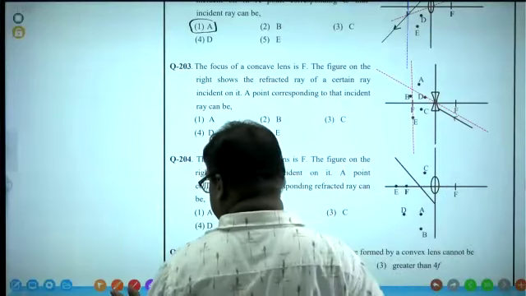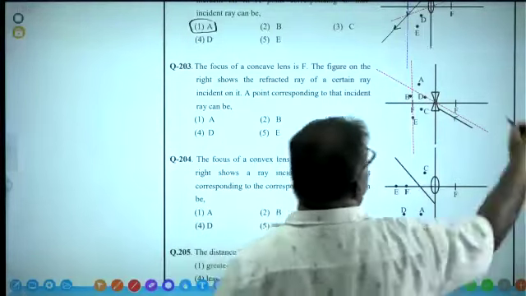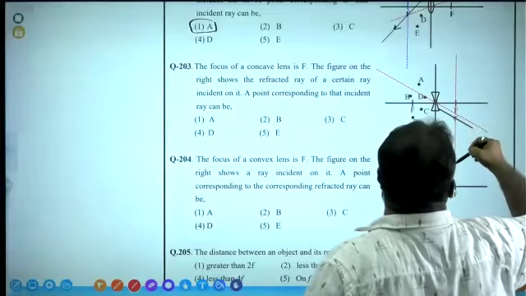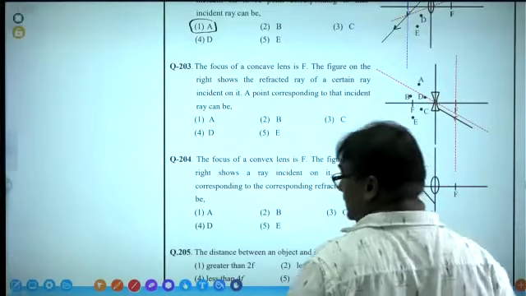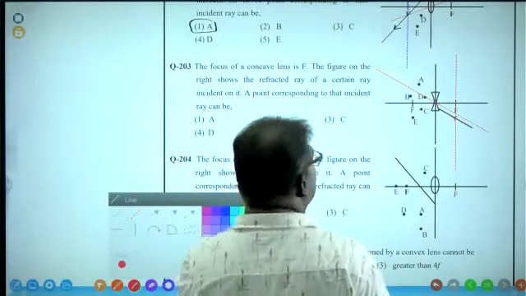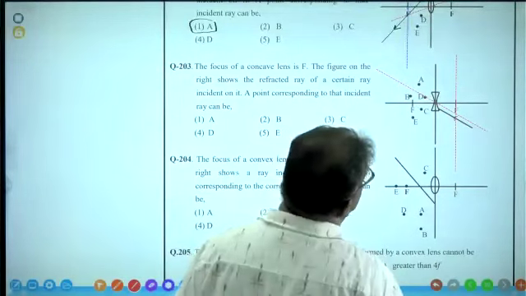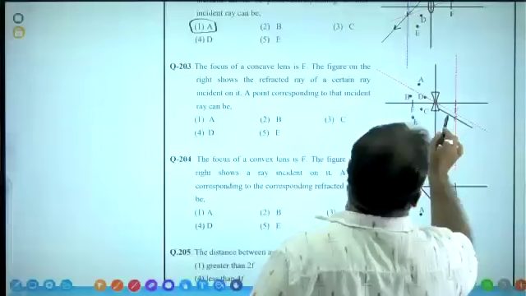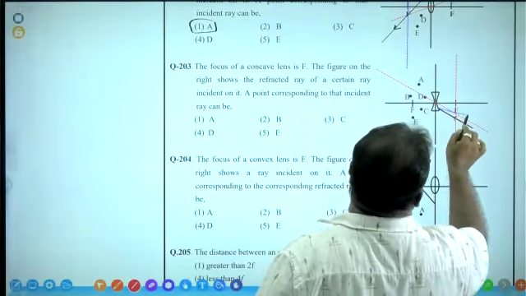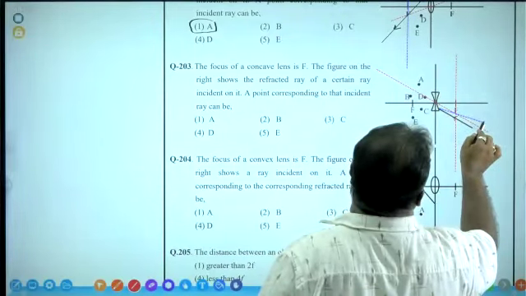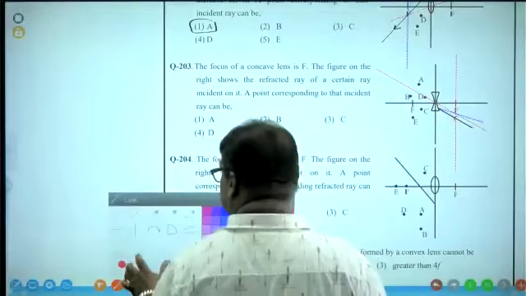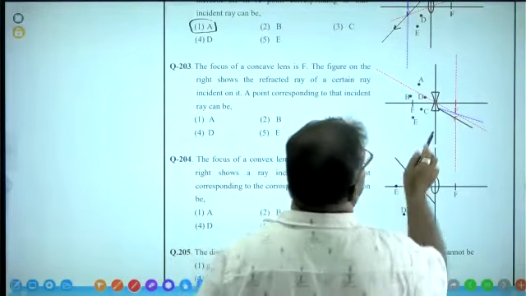So the focal plane is this one, no? Here we have the focal plane. Then the light ray should diverge from this point, no? The light ray should diverge from that point right here.